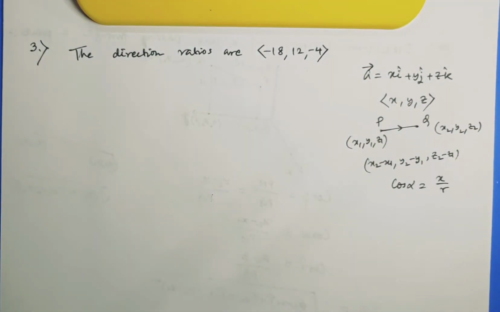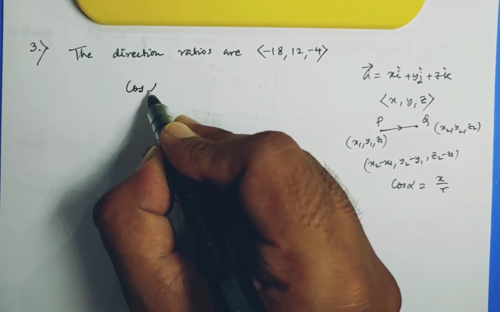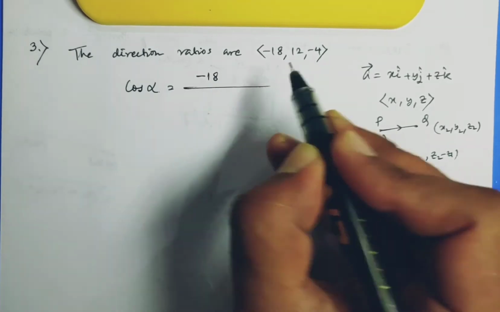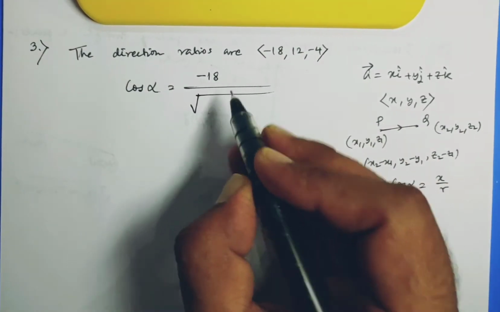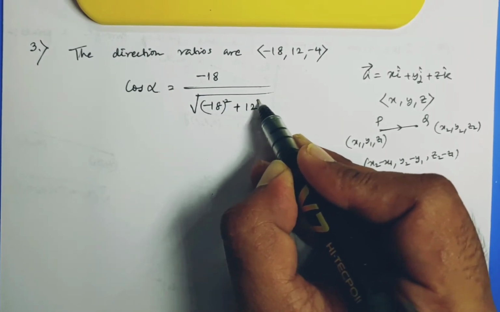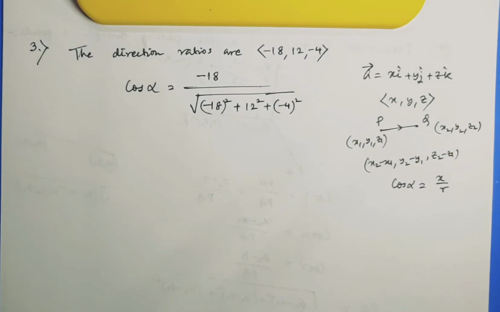So we are asked to find the direction cosines. So first thing first, let us find cos alpha. What is cos alpha equal to? It is minus 18 divided by root over of minus 18 whole square plus 12 square plus minus 4 square. Yes or no? So how much will it be?